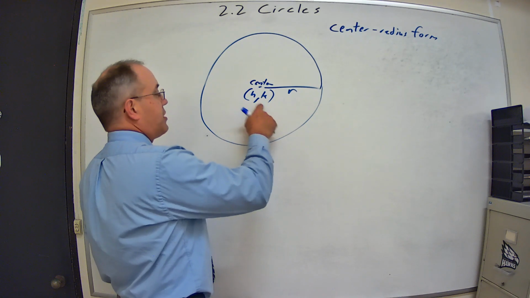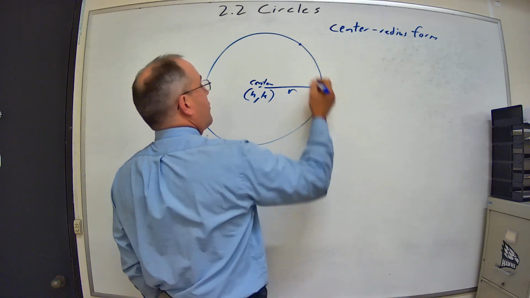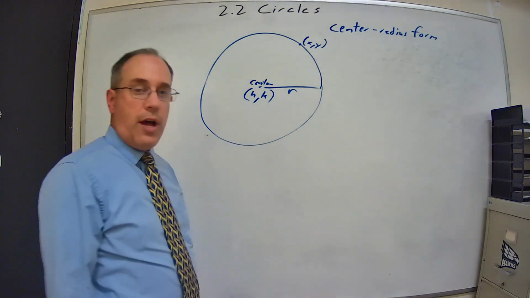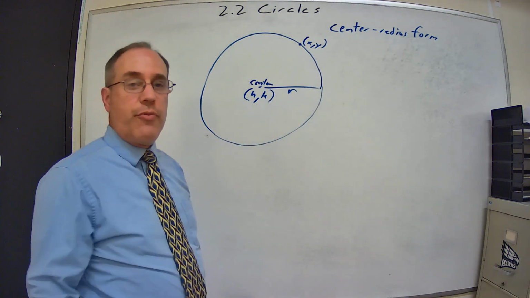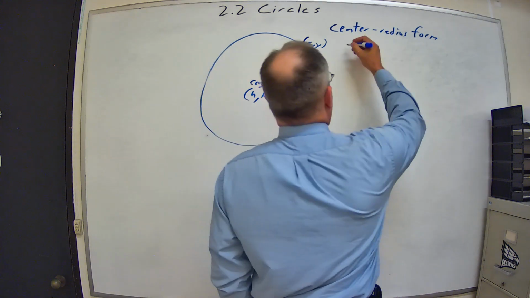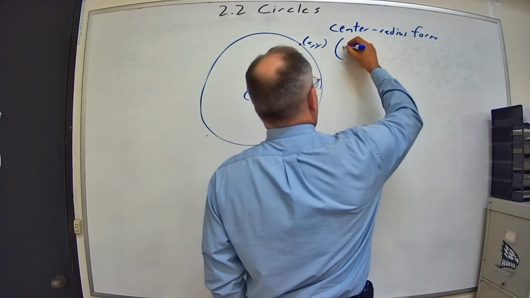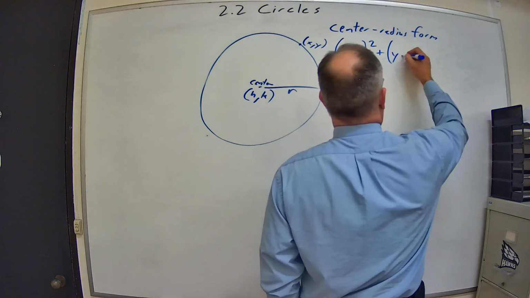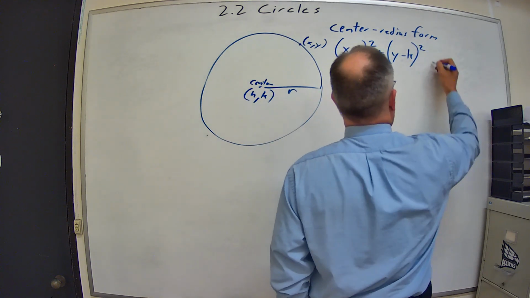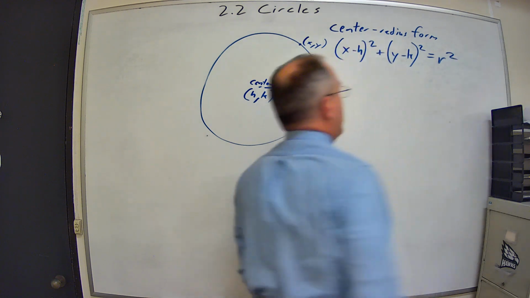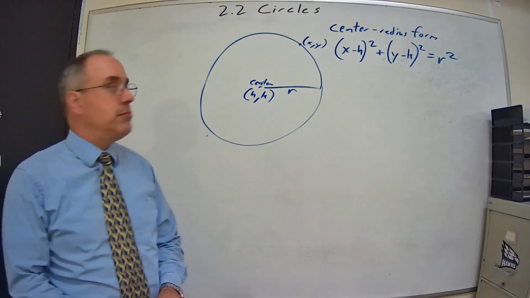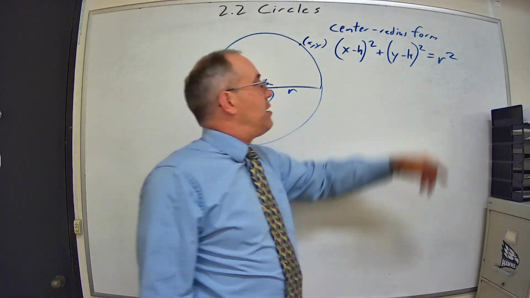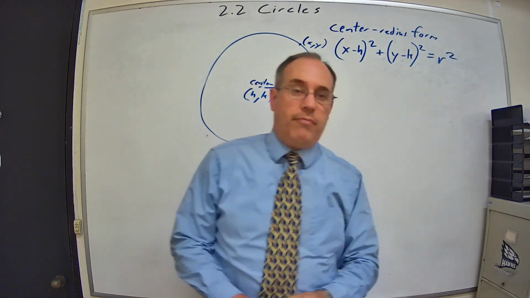So if the center is HK and any given point is denoted as XY, then the center radius equation can be written as x minus h squared plus y minus k squared equal to r squared, where the center is HK and the radius is r.